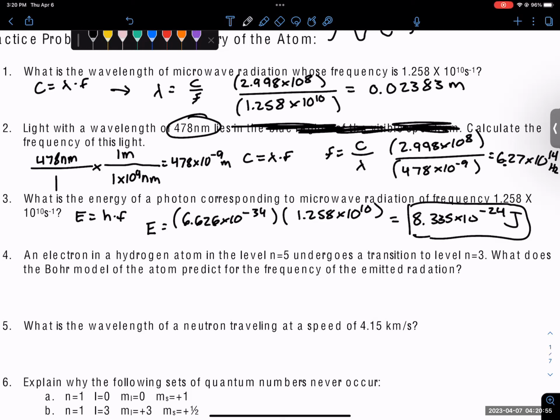An electron in a hydrogen atom in the energy level n equals 5 undergoes transition to energy level n equals 3. What does the Bohr model of the atom predict for the frequency of the emitted radiation? All right, so it's asking for the frequency of the emitted radiation. Is there an equation we should use for this?